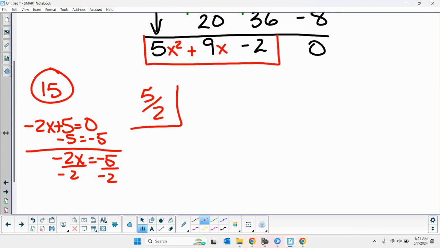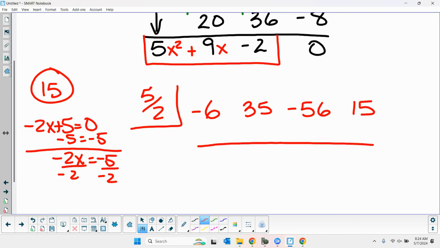You're going to put negative 6 for the x cubed, 35 for the x squared, negative 56 for the x, and then the 15. You don't have to add any zeros. So just multiply the top number. What's 5 times negative 6? Negative 30.